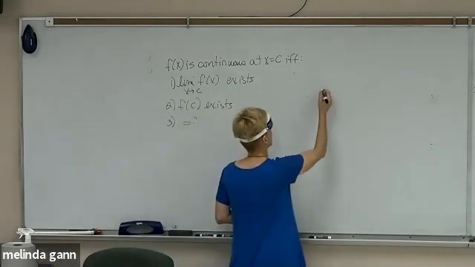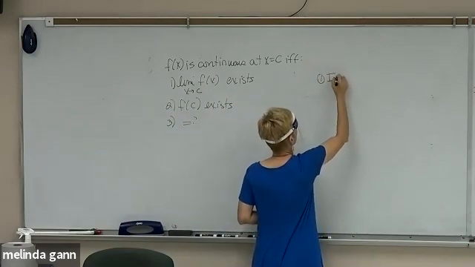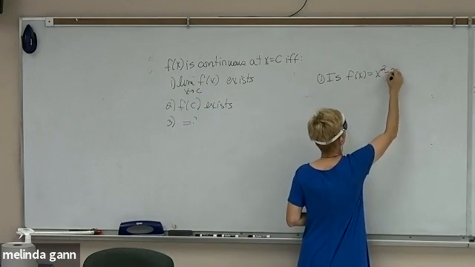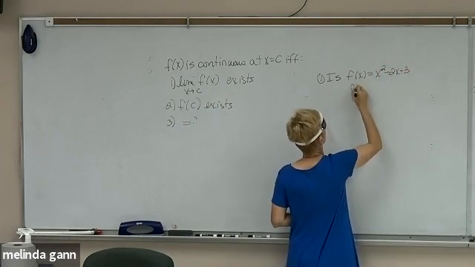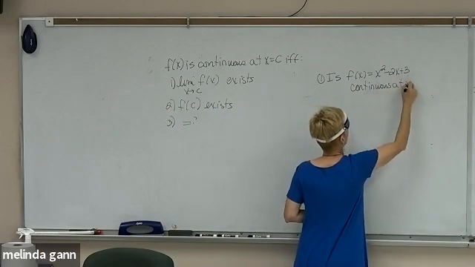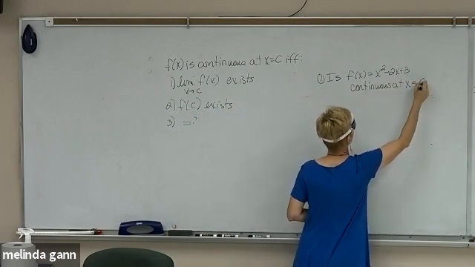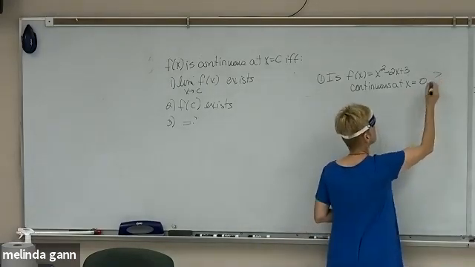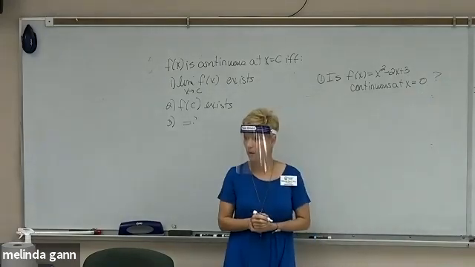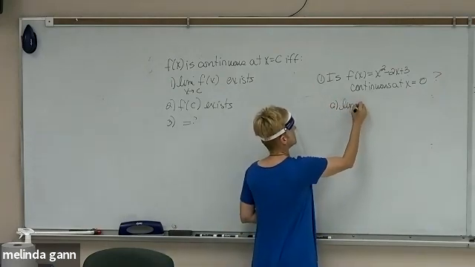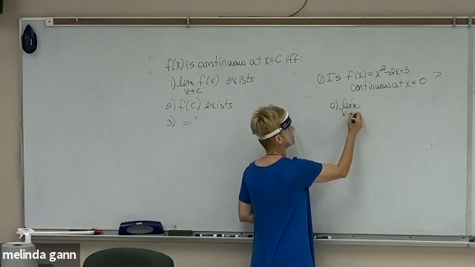I mean, if I said something like, is f of x equal to x squared minus 2x plus 3 continuous at x equals, let's do something quick, 0. Well, I'm going to check the limit of my function as I approach that number.